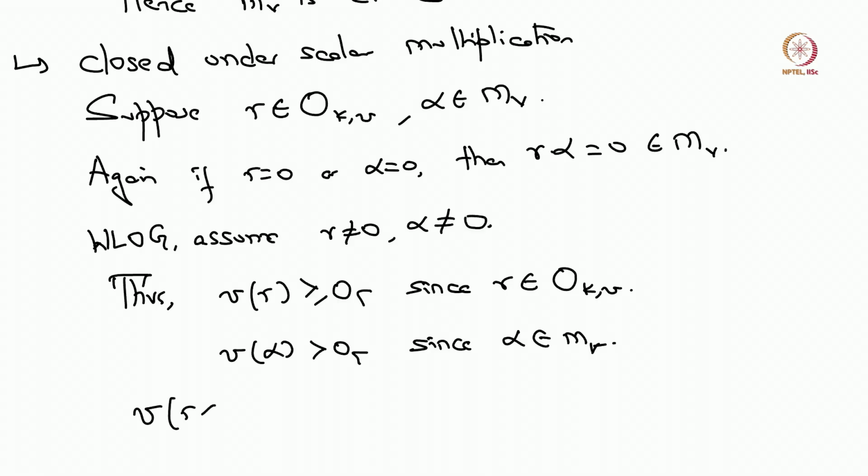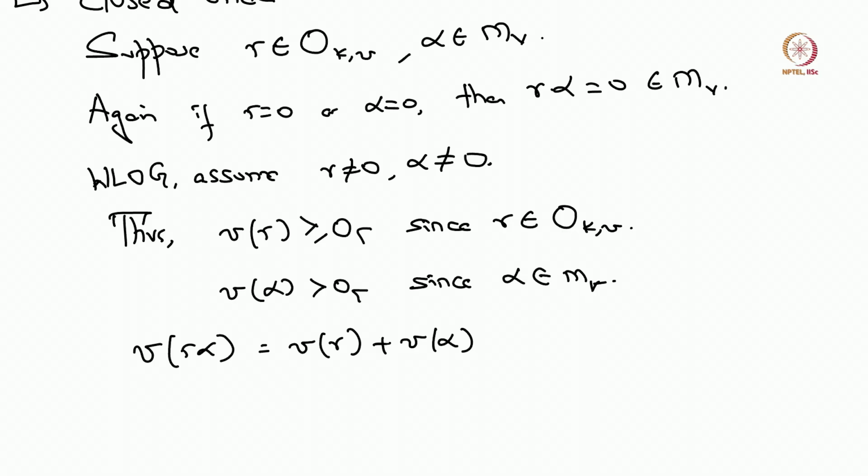And so now if you use properties of valuations, if you multiply out r times alpha and take its valuation, it's the valuation of r plus the valuation of alpha. But the valuation of r is larger than or equal to 0, the identity element of gamma. So by using compatibility, this is larger than or equal to the valuation of alpha.